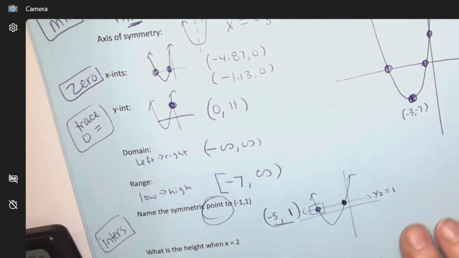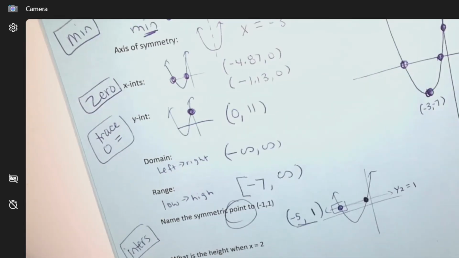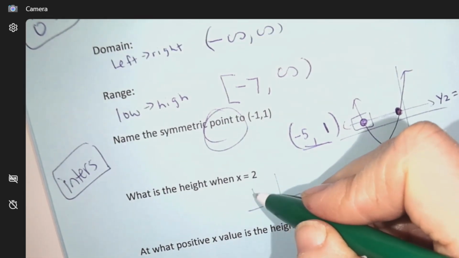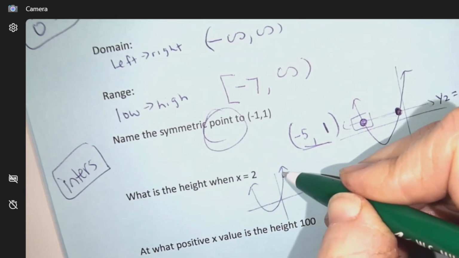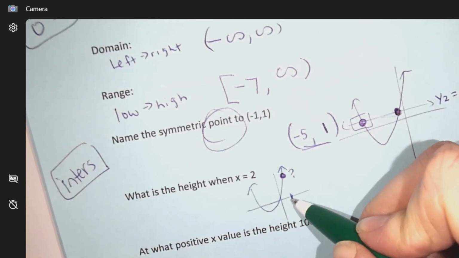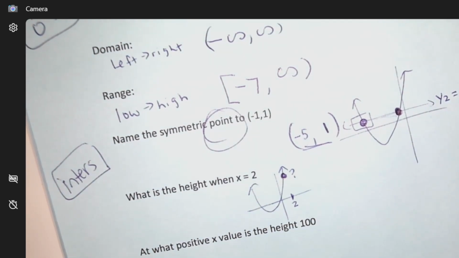Okay, what do you do when I ask, what's the height when x equals 2? So we would be somewhere up there when x equals 2. What is the height? That's what I'm asking you. What do you do in your calculator features?